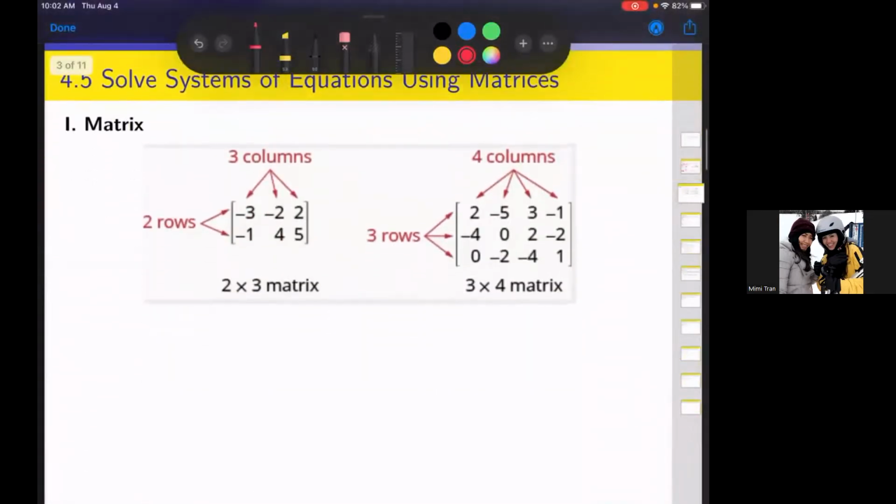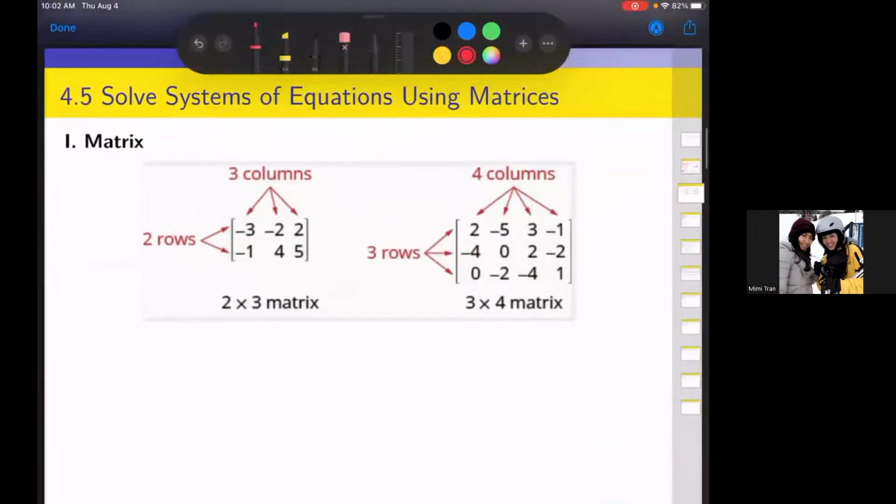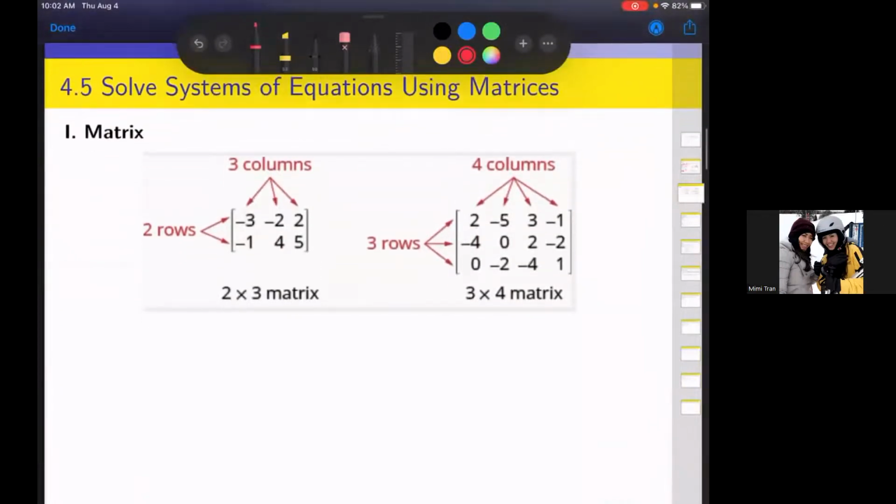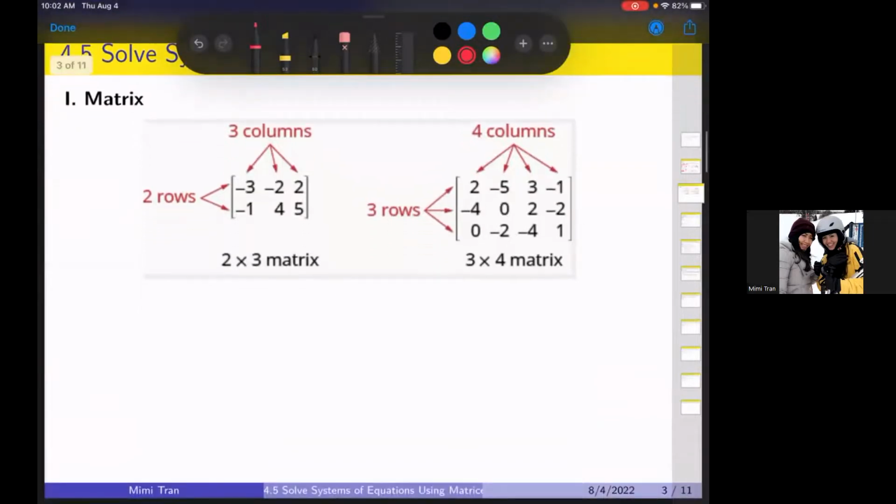Here's another example. So 2 by 3 is 2 rows, 3 columns, or 3 by 4, 4 columns. Let me introduce you to a square matrix. Very important in math.